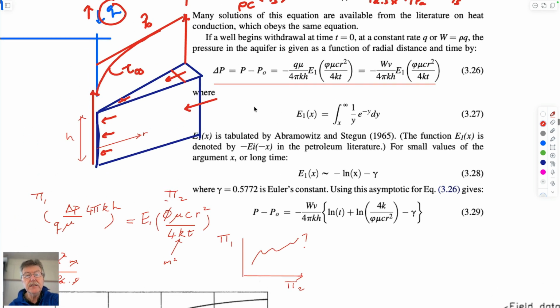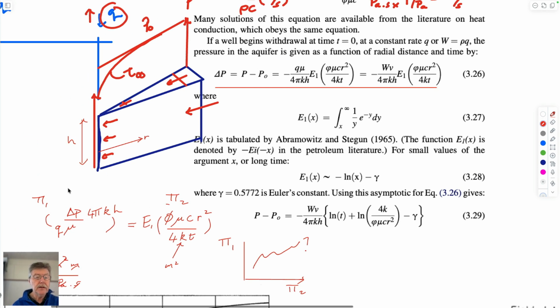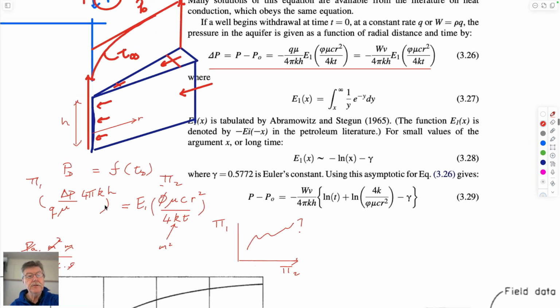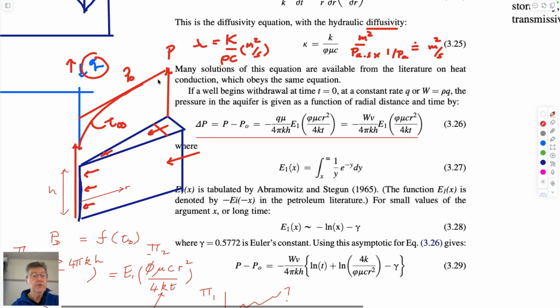So in representing this behavior, you could think of this as a dimensionless pressure, and that's equal to some function of what I'll call a dimensionless time. That is because if you're doing something to this reservoir, you'd expect the pressure to change over time if you're pumping it out at a constant rate.